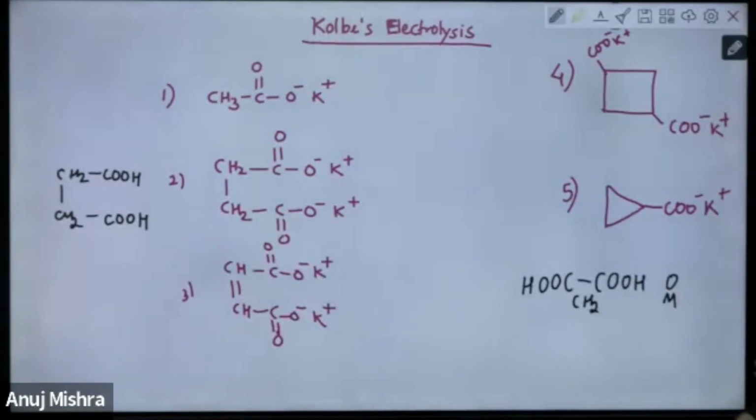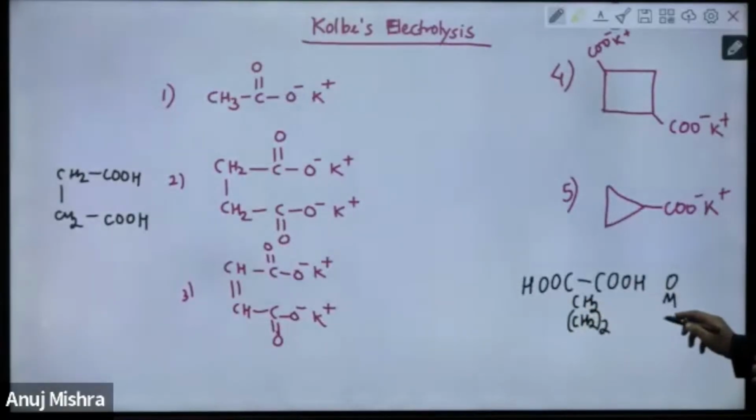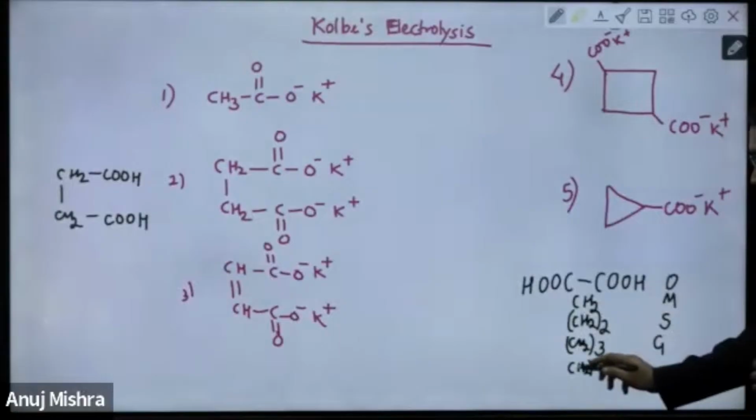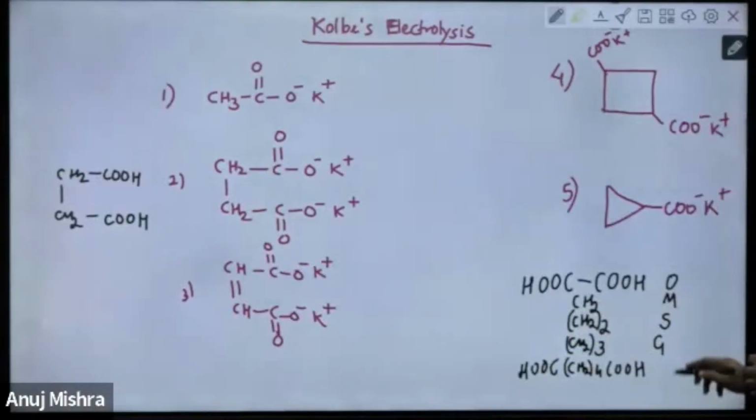This becomes malonic. Then you put two CH2s in between, then it becomes succinic. Then three CH2s in between, that becomes glutaric. Then four CH2s in between, then it becomes adipic.